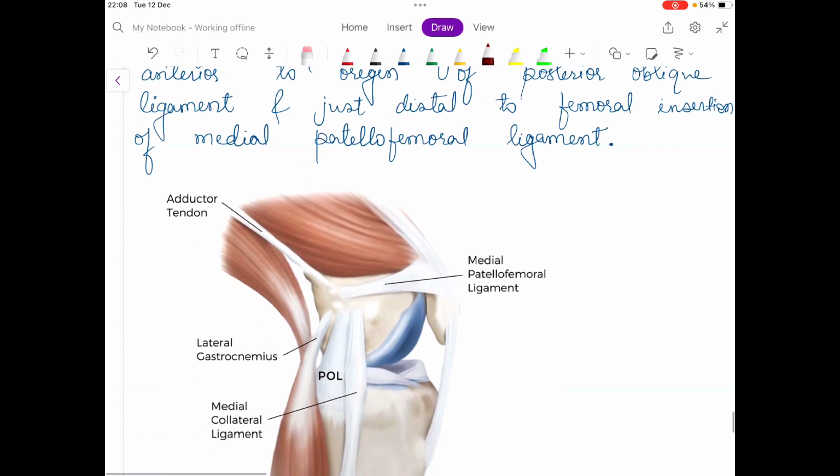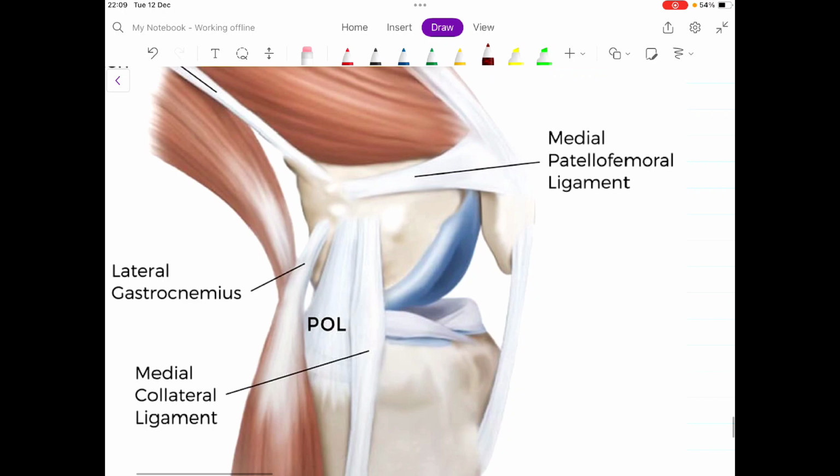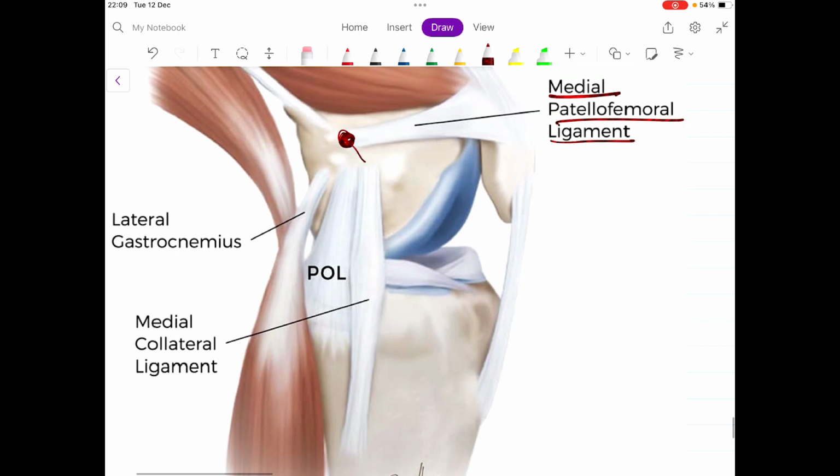Now the second line says just distal to the femoral insertion of the medial patellofemoral ligament. As you can see in this diagram again, the MCL lies distal to the femoral insertion of the medial patellofemoral ligament. This one here is the insertion of the medial patellofemoral ligament, and just distal to it is your medial collateral ligament.